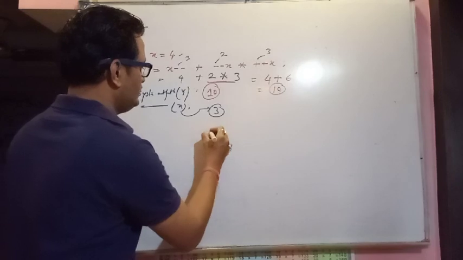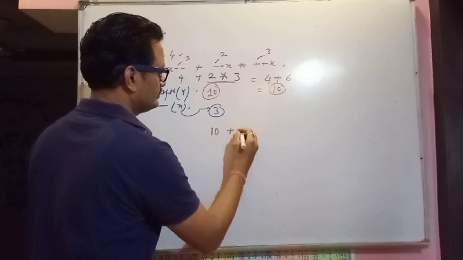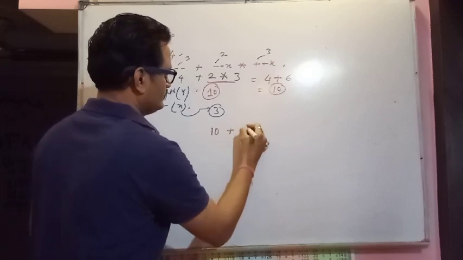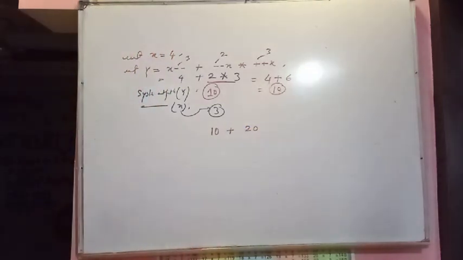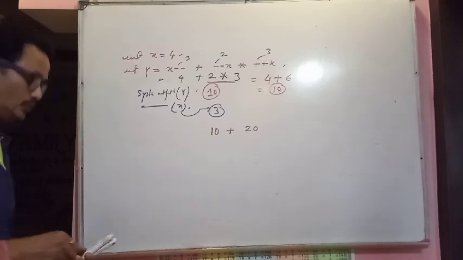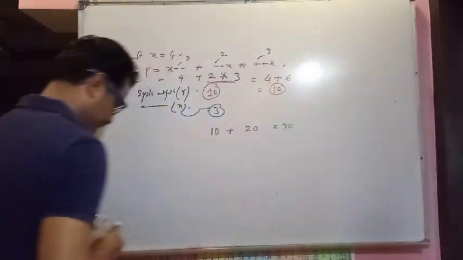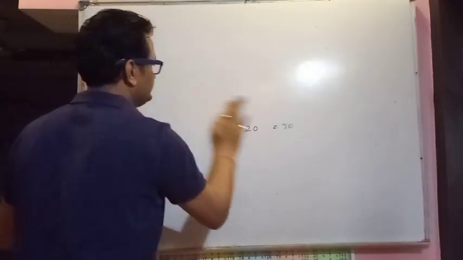Now if you write 10 + 20, this is an arithmetic operator, or you can say a binary operator. So your answer will be 30.